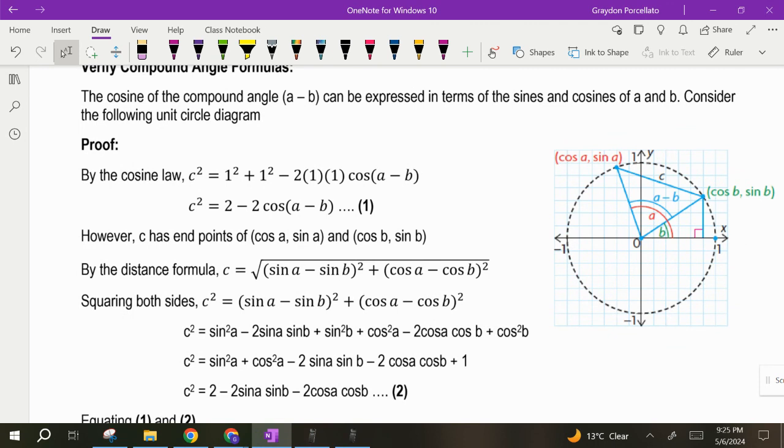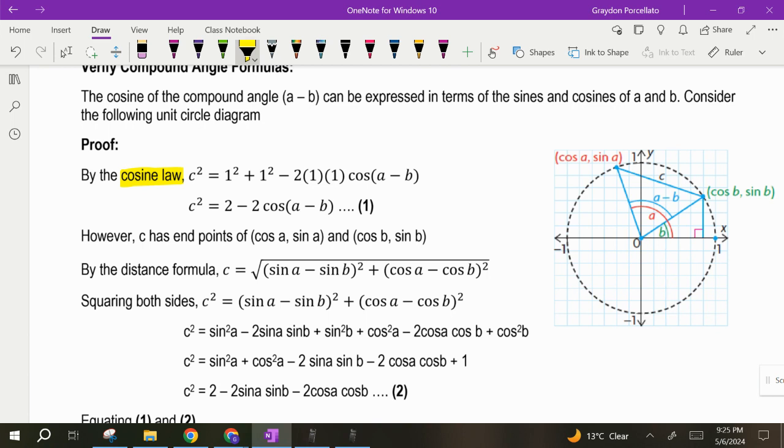And you know from grade 10 that the cosine law is one of the laws we use to find angles in scalene triangles.